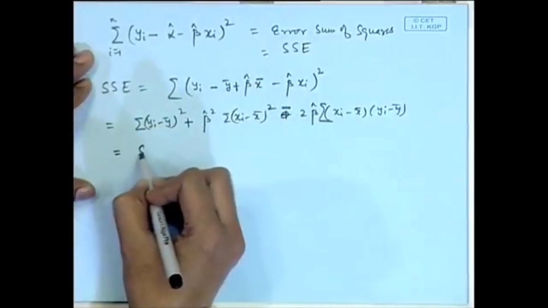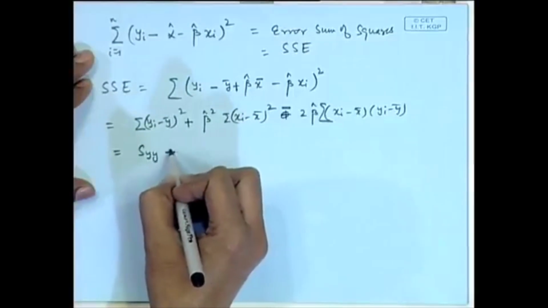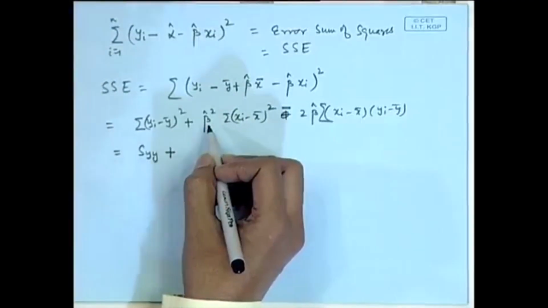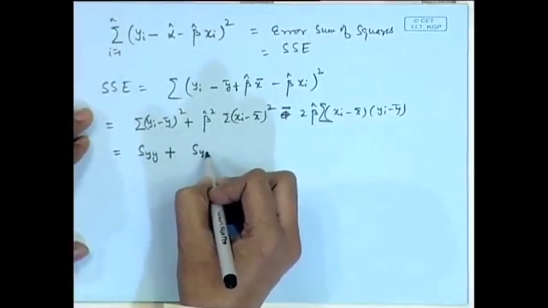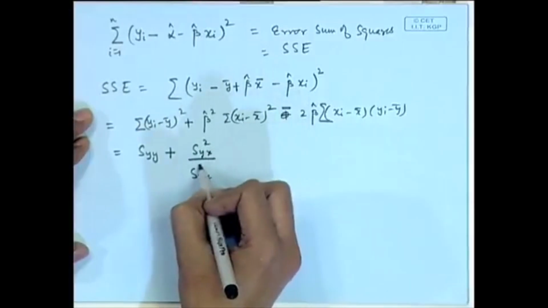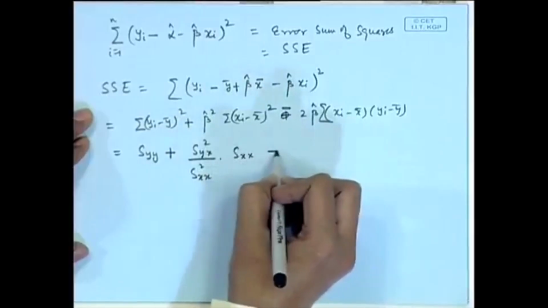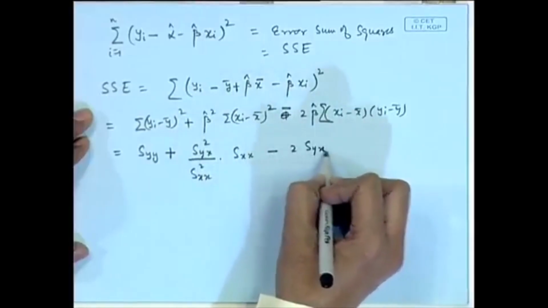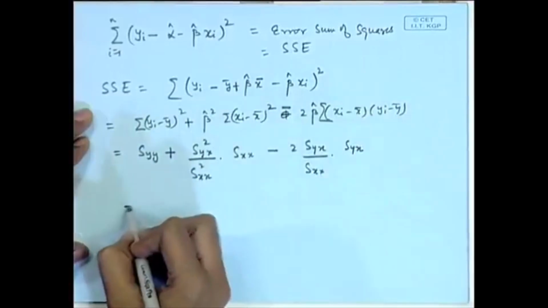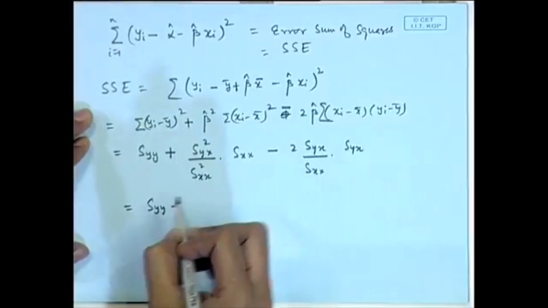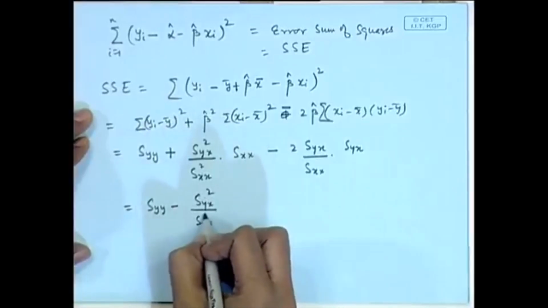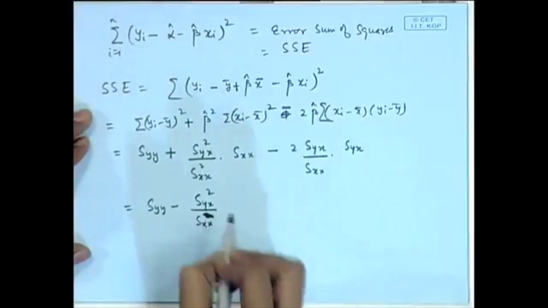So, this is equal to S_yy plus, now beta hat is equal to S_yx by S_xx, so this is S_yx square by S_xx square into S_xx, minus twice S_yx by S_xx into S_yx. So, that is equal to S_yy minus S_yx square by S_xx.